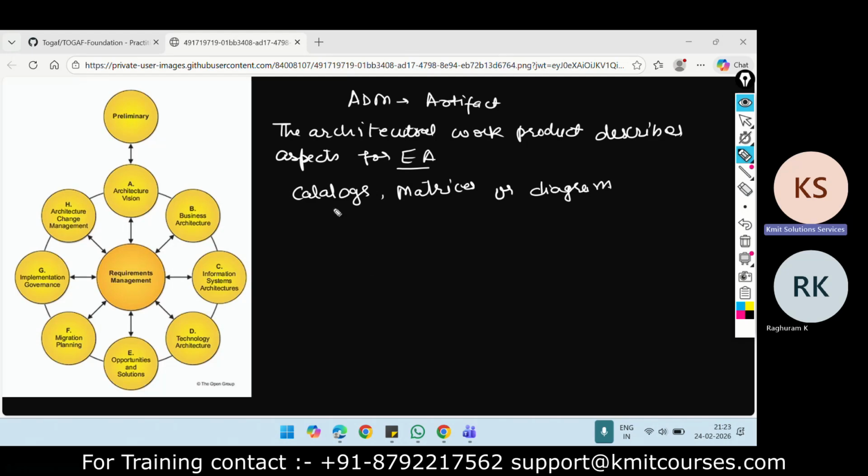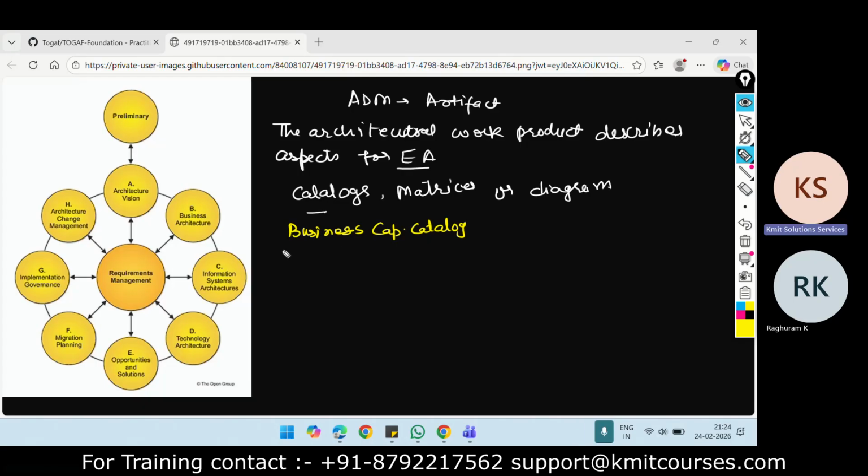Now, if I talk about a catalog, a catalog is nothing but a list of things, like a business capability catalog. Let me show how a business capability catalog will look.